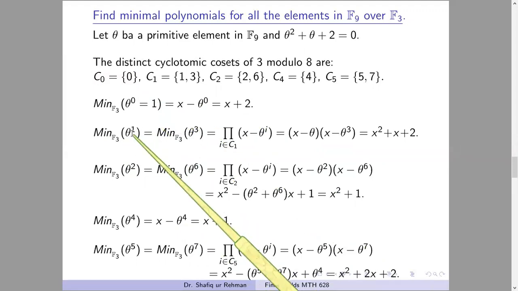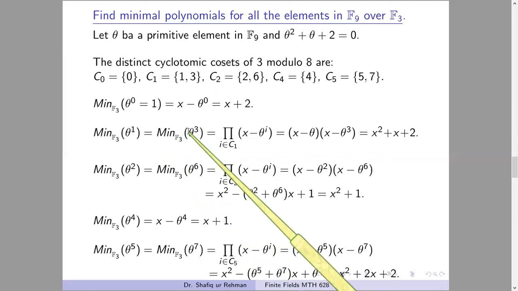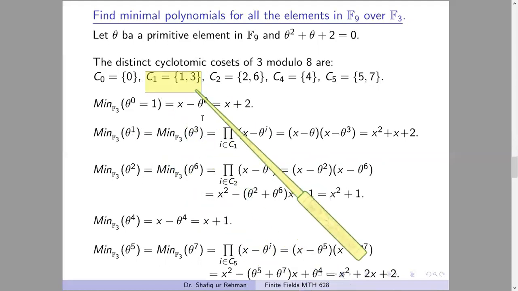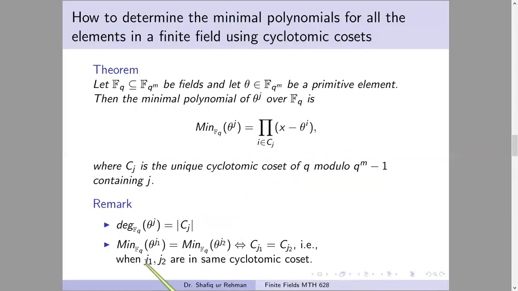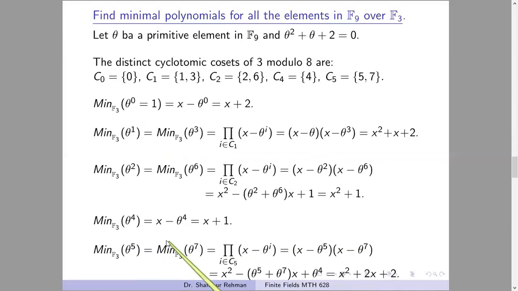Because 1 and 3 are in the same cyclotomic coset, as we have remarked here, if two elements are in the same cyclotomic coset, they have the same minimal polynomial. Therefore, these two elements will have the same minimal polynomial. And that minimal polynomial is given by this formula, that is, the product of all linear factors of the form x minus theta power i, where i belongs to C1.